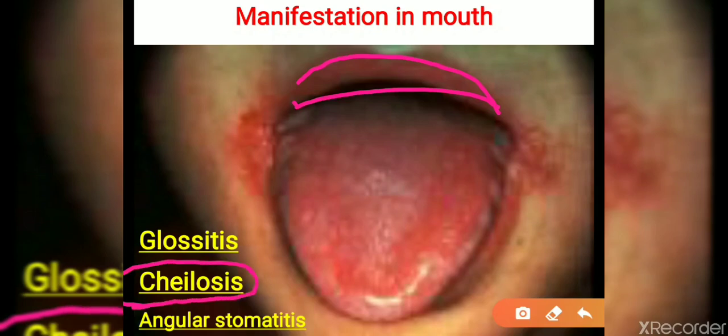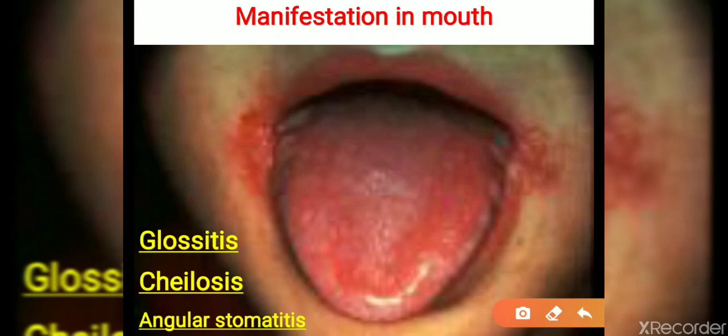It is also one of the manifestations seen in vitamin B2 deficiency. And there may be an erythematous lesion near the angle of the mouth. This is the angle of the mouth, and this region may also have an erythematous lesion, which is known as angular stomatitis.